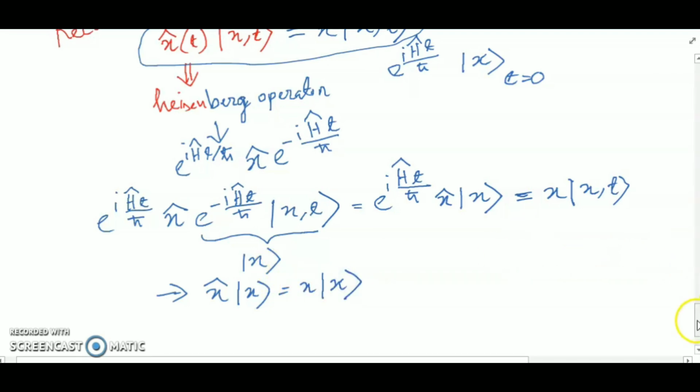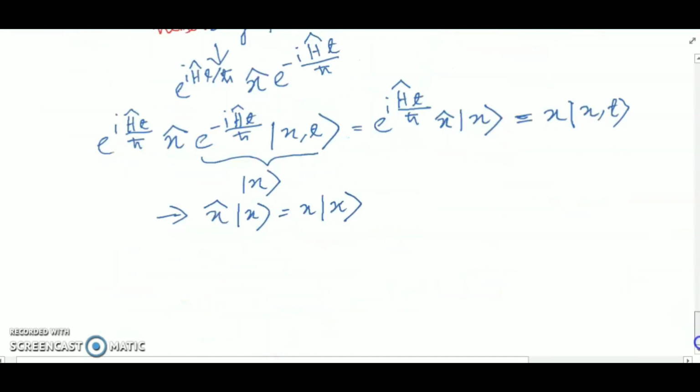Okay, so you can do the manipulation and you can use the same time evolution operator to calculate this matrix element. Which is my matrix element?